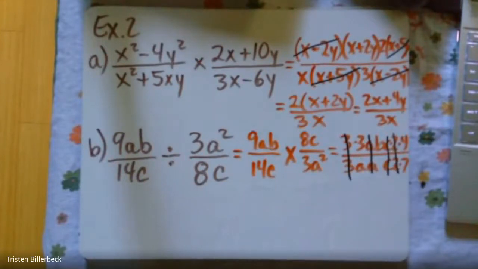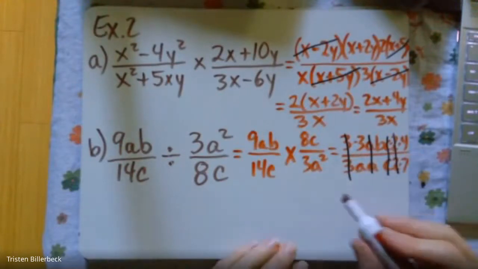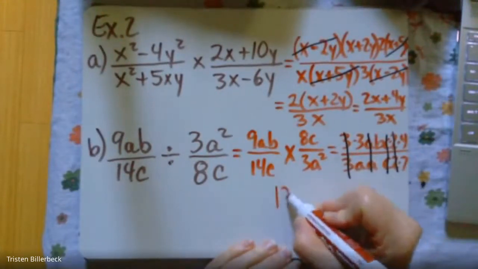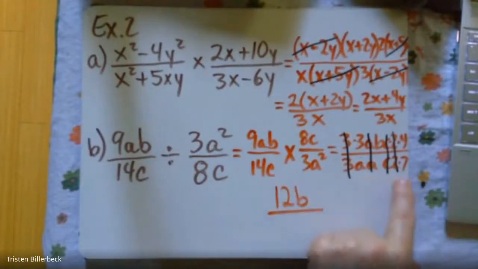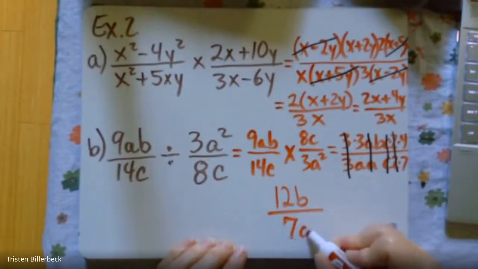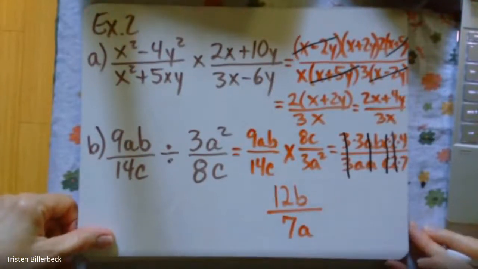So we have now 3 times 4 times b. So 3 times 4 is 12b. And down here I have a times 7, so I'm going to write 7a. So that's how that would reduce. So again, you have something a little crazy, and it actually isn't so crazy when you work it out.